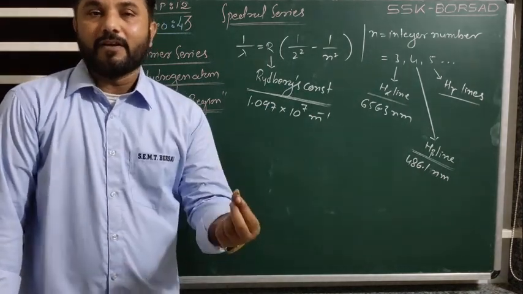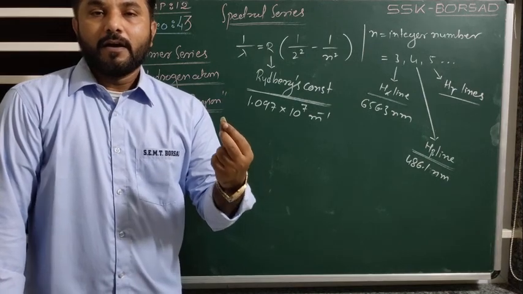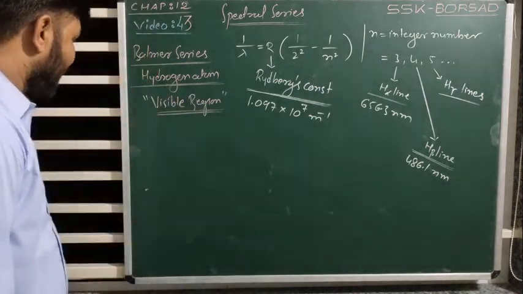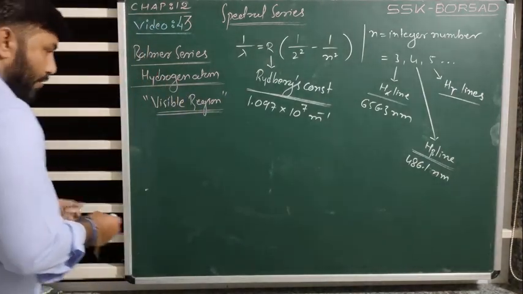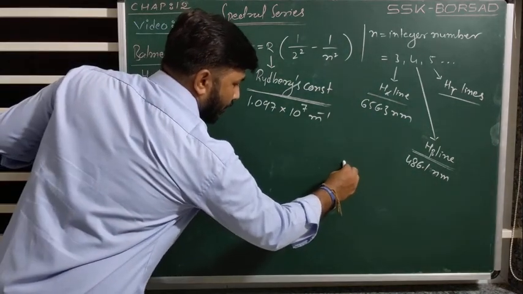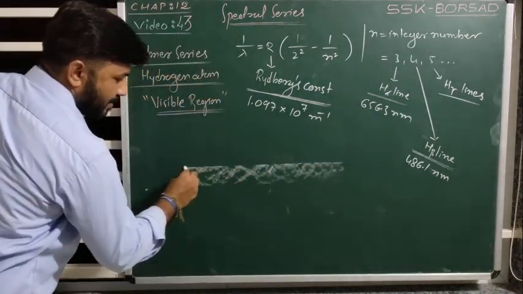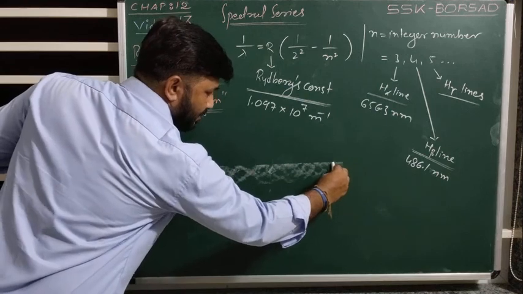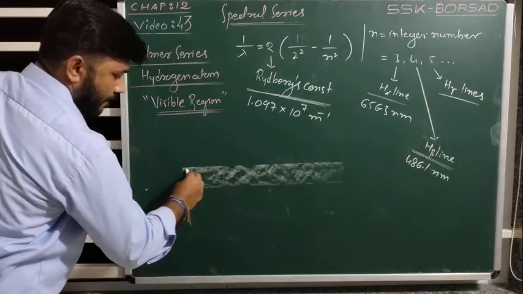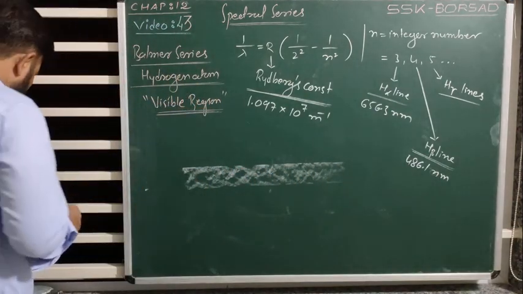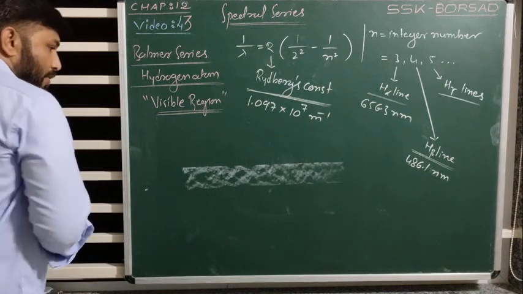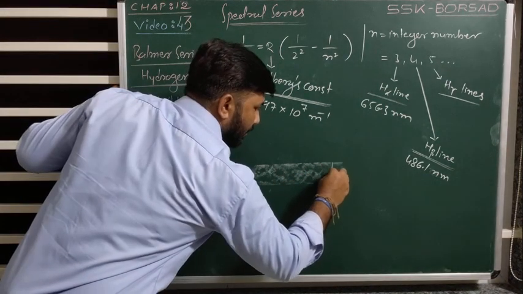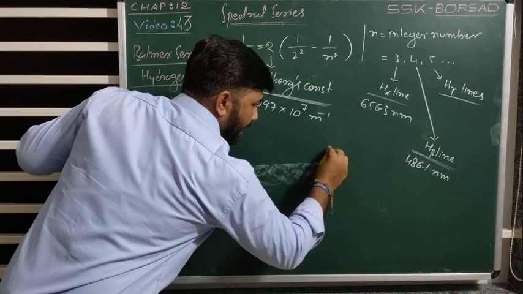There is a figure 12.6. What is there in that figure? You will get this type of spectral lines. On those spectral lines, you will find here H alpha.